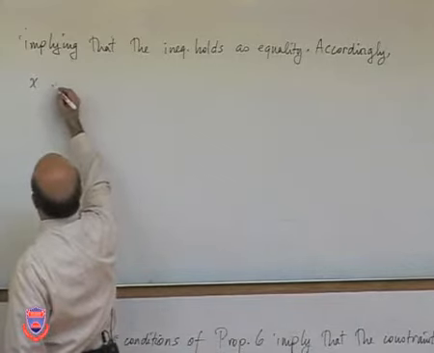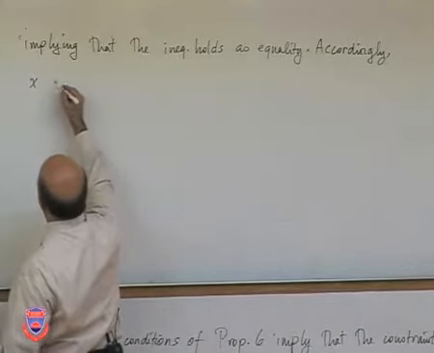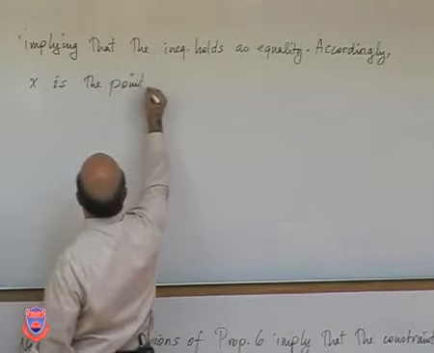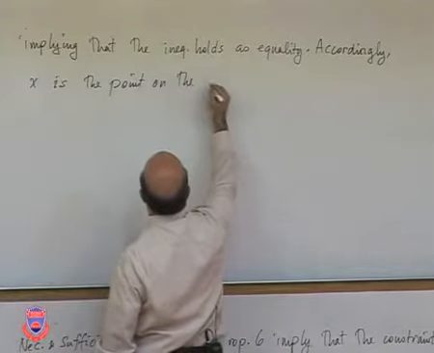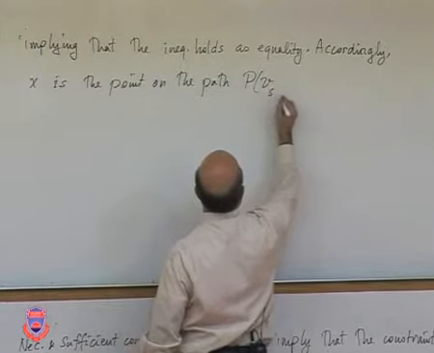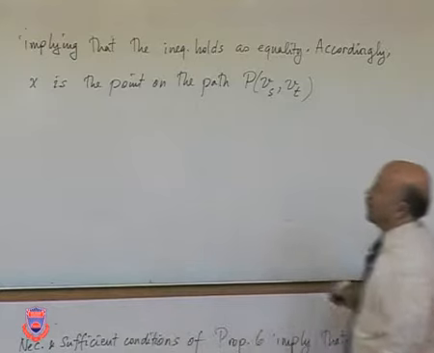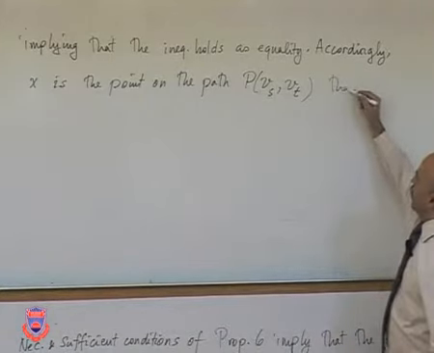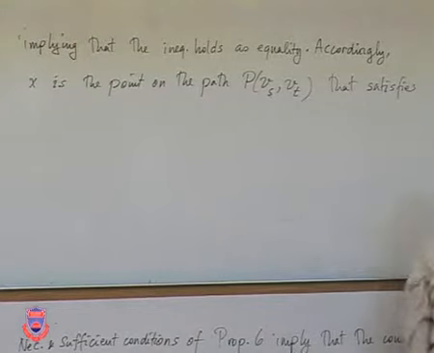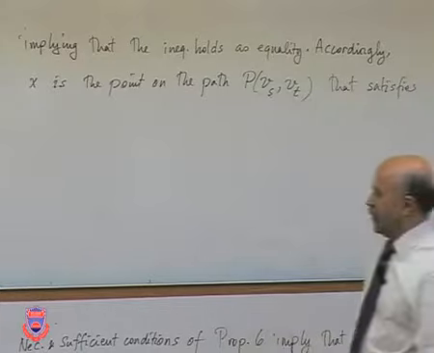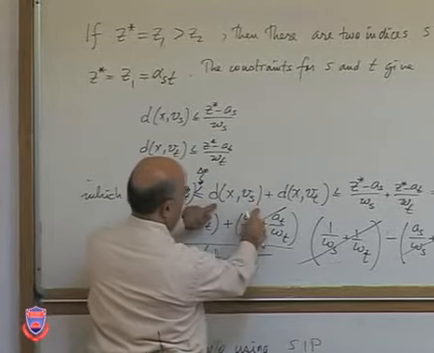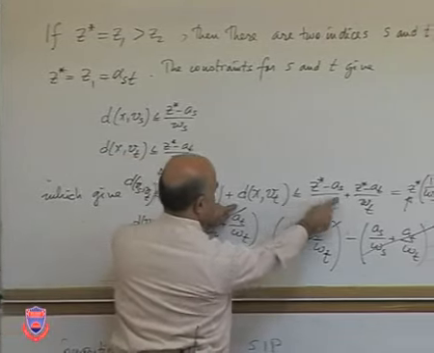X, any feasible x, is the point on the unique path connecting Vs and Vt that satisfies what relationship? This thing plus that thing is equal to that.